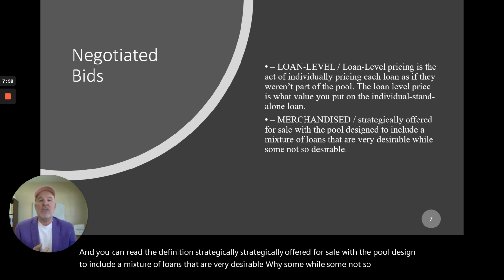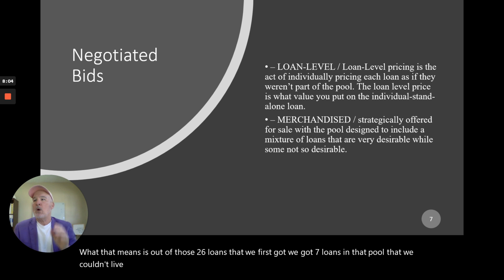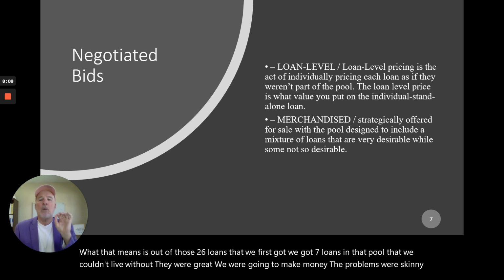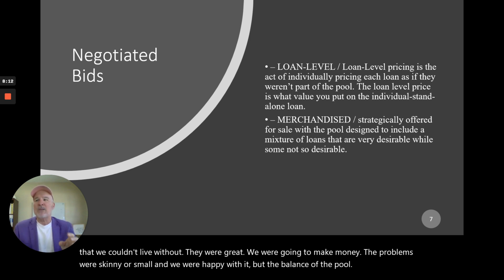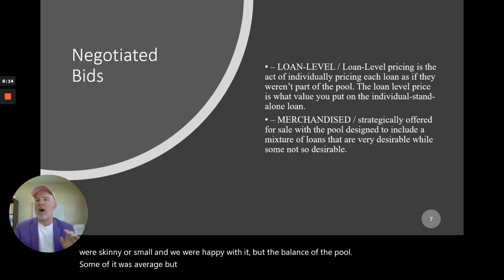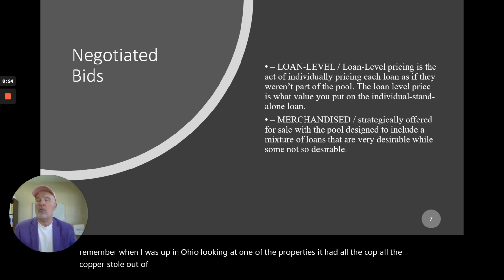What that means is out of those 26 loans that we first got, we got 7 loans in that pool that we couldn't live without. They were great. We were going to make money. The problems were small, and we were happy with it. But the balance of the pool, some of it was average, but the bottom 7 loans in that pool were horrible. I remember when I was up in Ohio looking at one of the properties, it had all the copper stolen out of it. All the copper was removed so they could sell it.